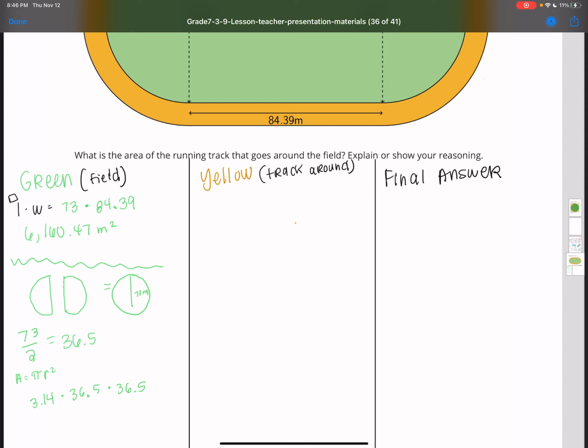Sorry, guys, I'm typing it so fast. All right, and it's going to give me 4,183 and 265 thousandths. Okay, let me double check my work.